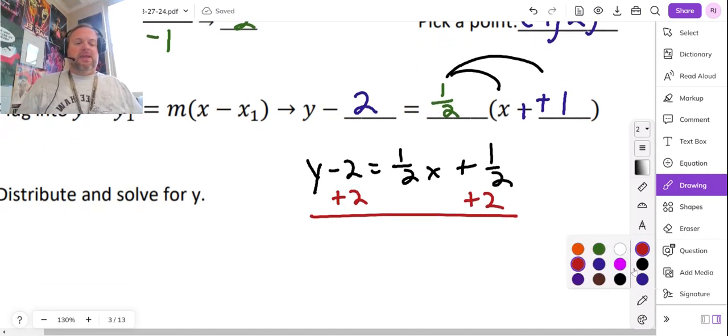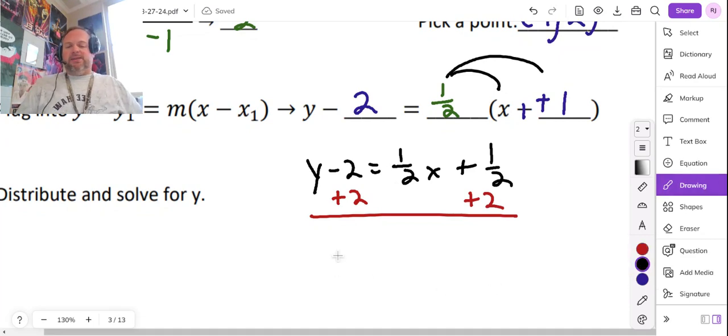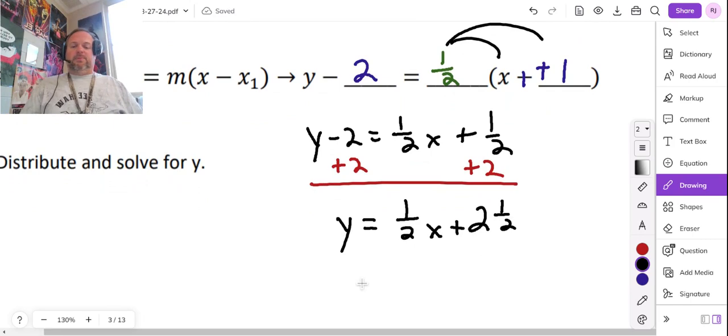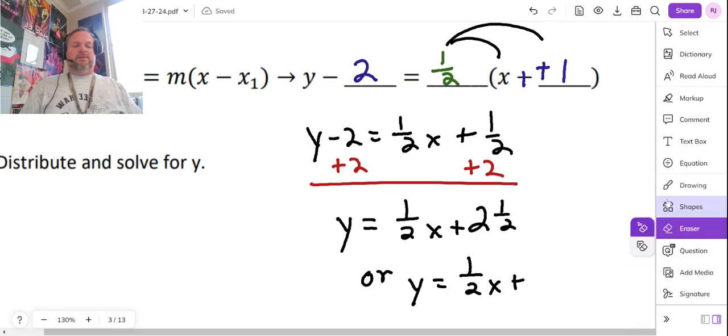All right. If I have half of a pizza and somebody brings me 2 more pizzas, how many pizzas do I have? 2.5. Okay. You could write it like this, or no, that's wrong. That's 5 halves.